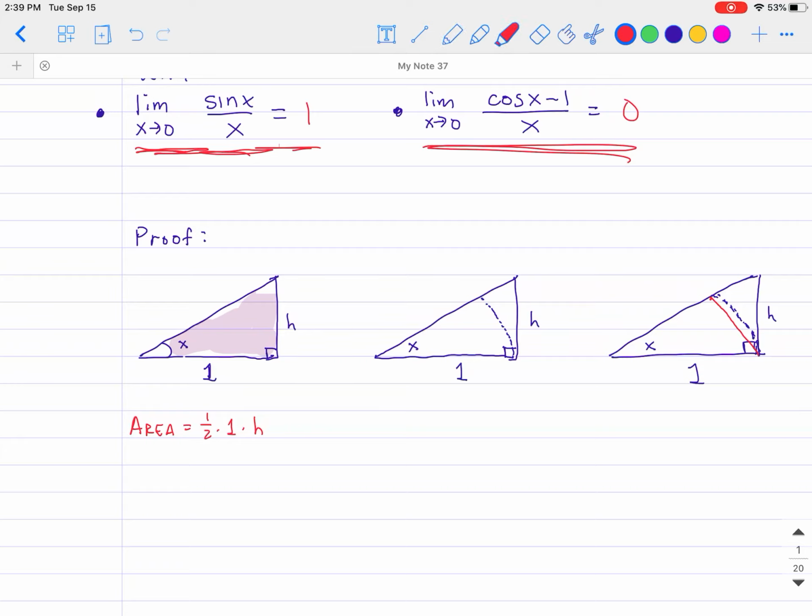Now in the second triangle, I'm going to take the same triangle, but this time I am not going to find the area of the entire triangle, but rather the area of this wedge right here that's created when you look at this as a piece of a circle. You can see that little perforated part, that is supposed to be the circumference of the circle. So imagine if you take that radius of 1 on the bottom and you rotate it, that is a piece of the circle that I'm talking about.